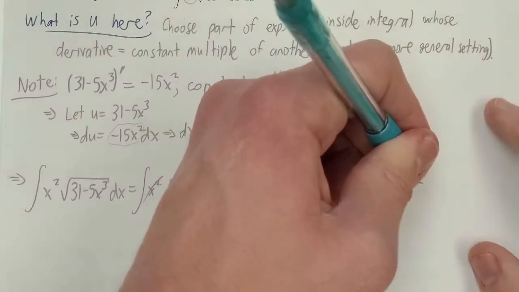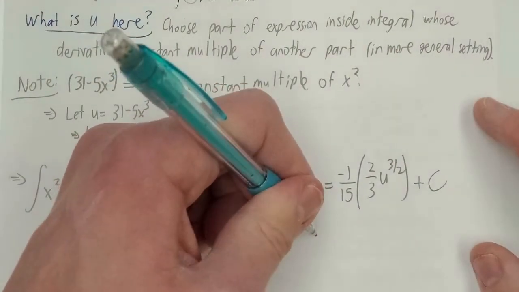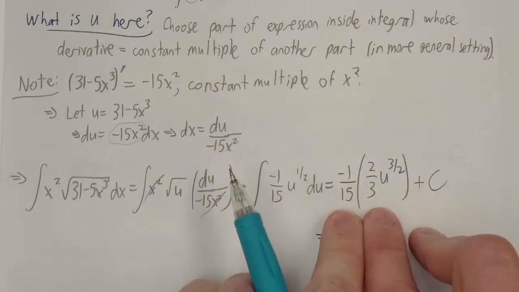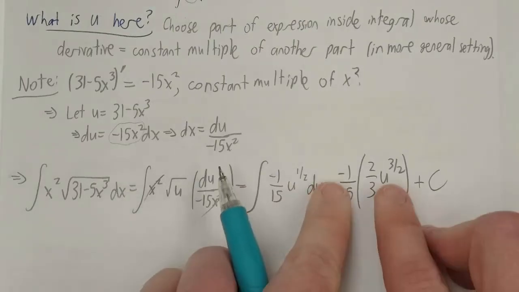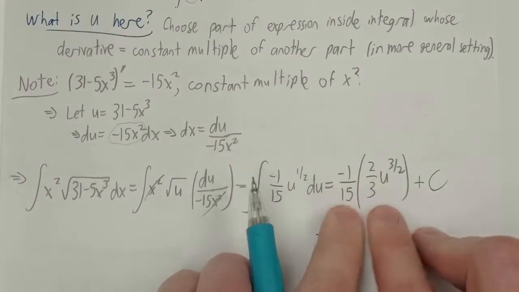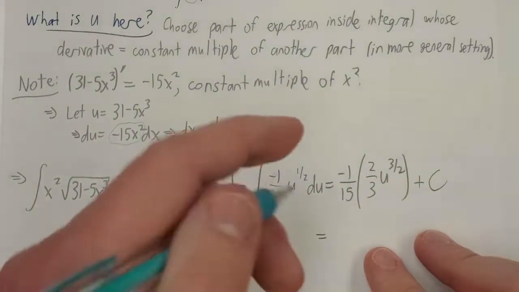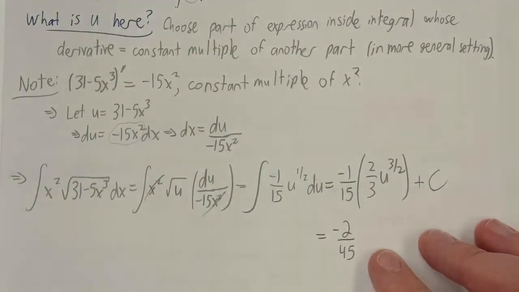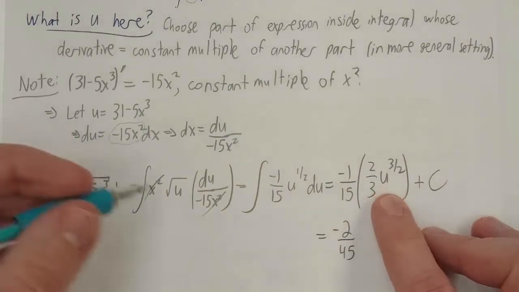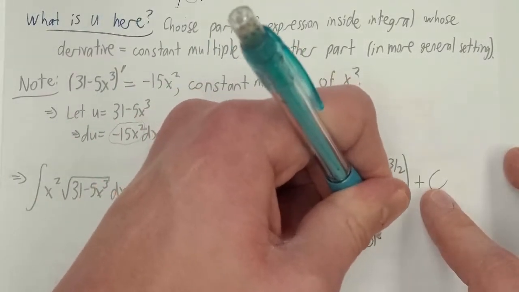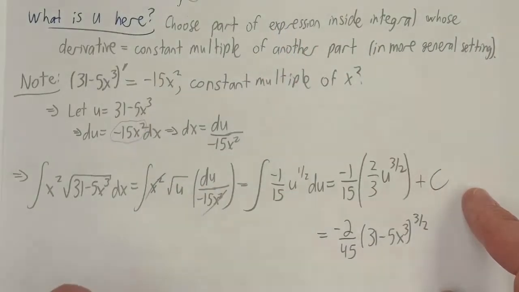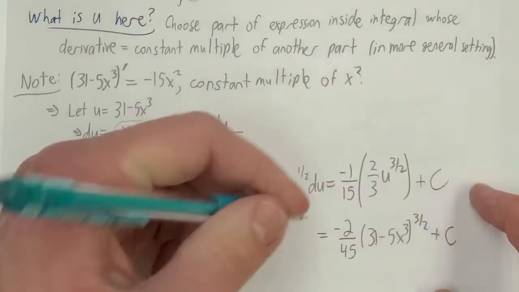Good. Then let's combine these two fractions together. Since we're just multiplying, we multiply the numerators together and the denominators together separately. So we have negative 2 over 45 times u, which in this case is 31 minus 5x cubed, to the power of 3/2, plus c.